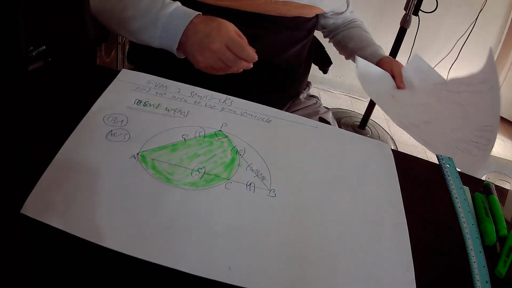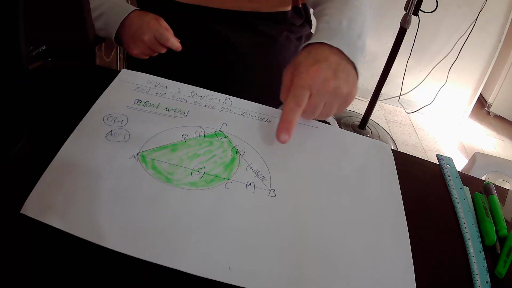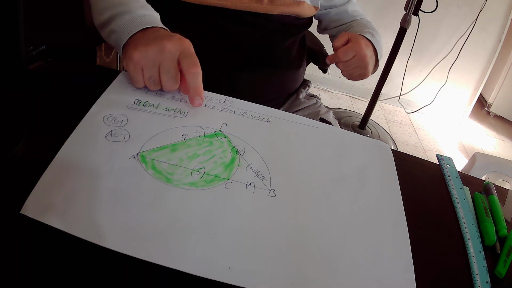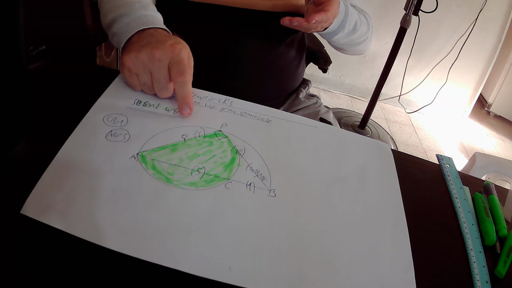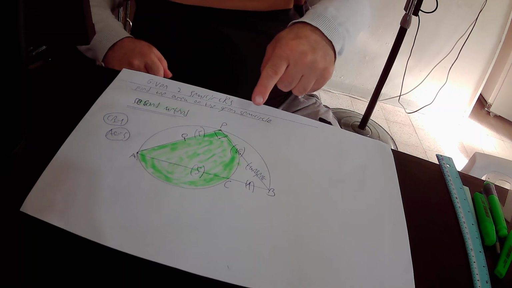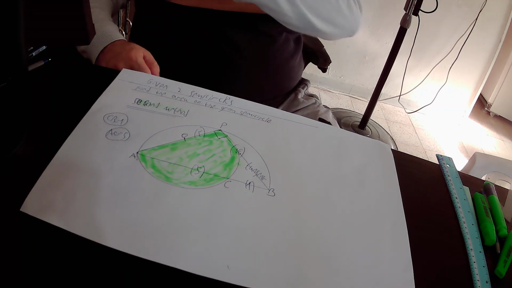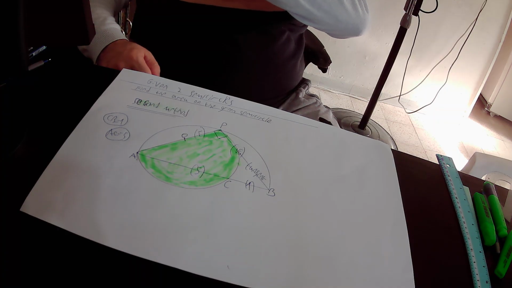Why? Because in our drawing we have here line segment BP that is perpendicular to the radius PO, and according to rule 1, line segment BP must be defined as a tangent to the green semicircle.